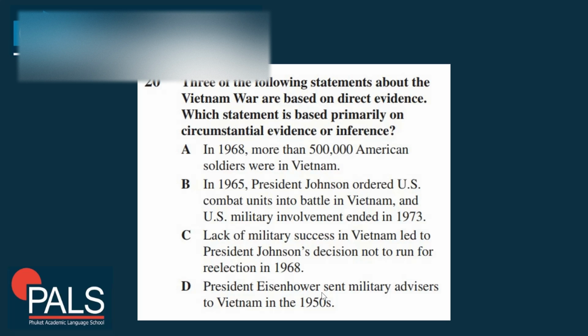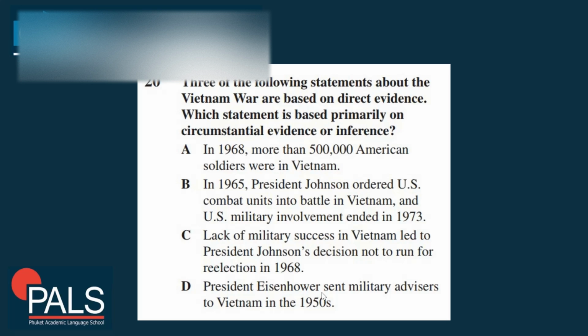In 1965, President Johnson ordered U.S. combat units into battle in Vietnam, and the military involvement ended in 1973. Again, we would have a declaration of war, which would have a year on it. We would have newspaper articles, magazine articles for both the withdrawal of troops and the ending of military involvement and the beginning of it. This has real hard facts.